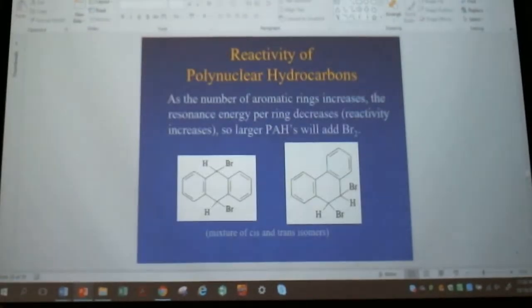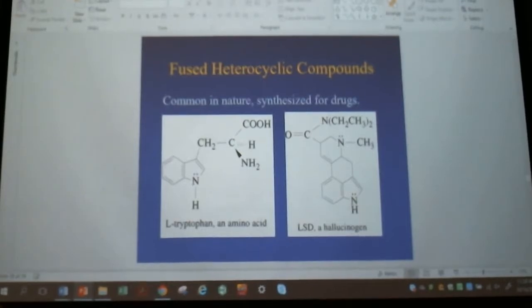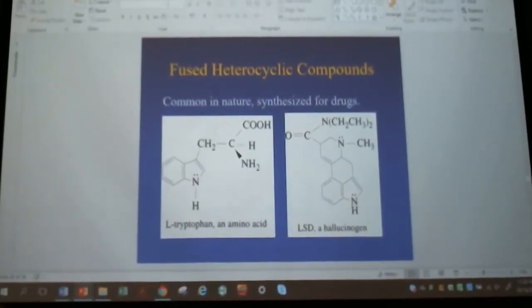So it is possible for larger molecules to do some chemistry that you wouldn't be able to do in benzene. But let's for now not worry about this. I'm not going to ask you questions about this. We're going to assume that for aromatic compounds, we're not going to do a simple addition of HBr and be able to carry out that addition.